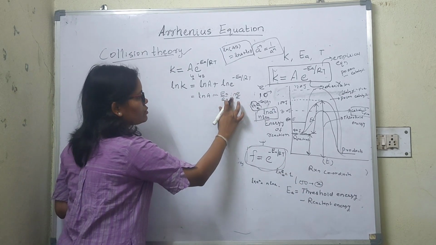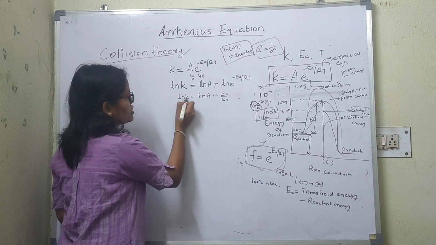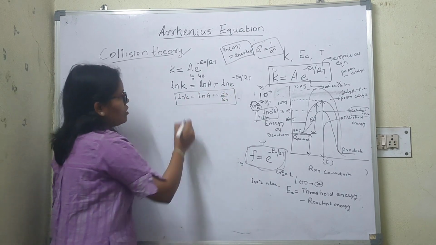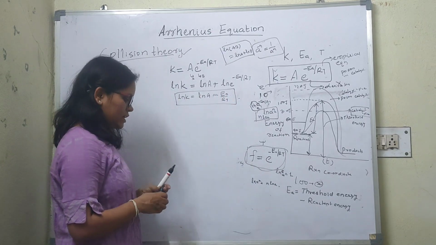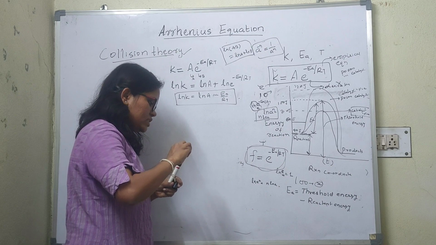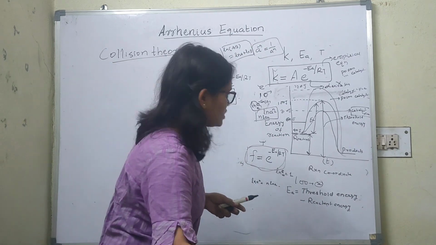So this term becomes 1. Now what you have is ln A minus EA over RT. So this is one form where ln of rate constant is equal to ln of A minus EA over RT. So let us see how it can be explained with the help of a graph.